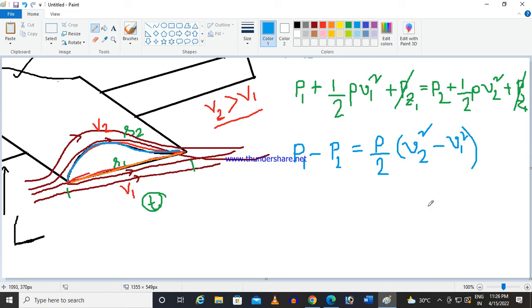As V2 is greater than V1, this is a positive quantity, so definitely P1 is greater than P2.